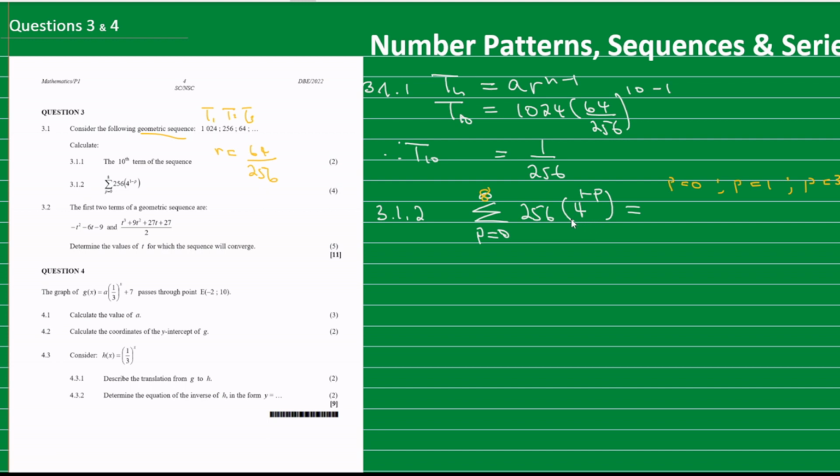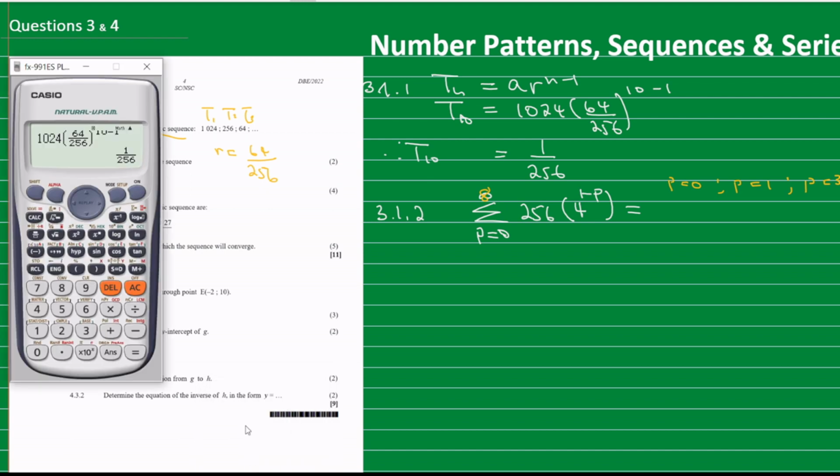So when we do that, we are going to have 256 times 4 to the power 1 minus 0. So let's put it that way. So 256 times 4 to the power 1 minus 0. Let's close that one down like that.